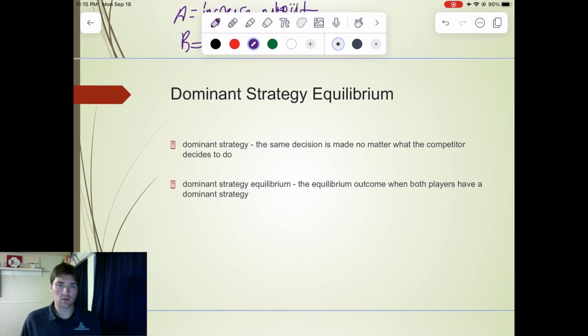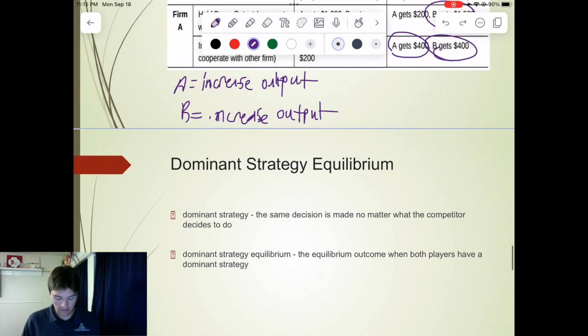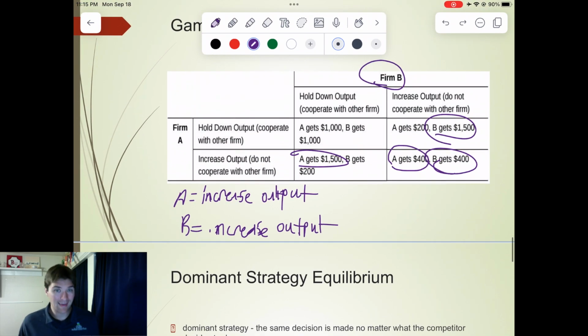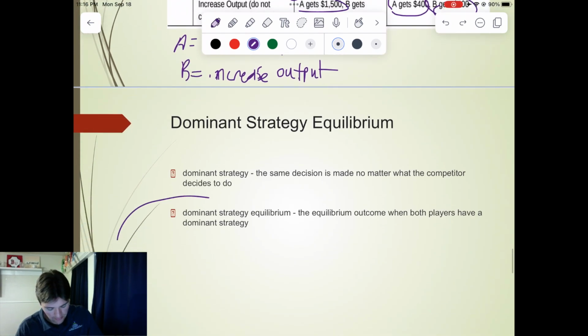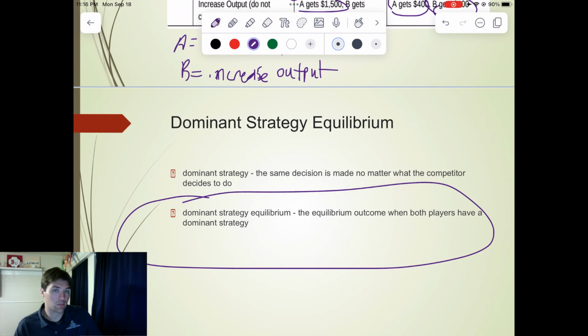The thing with the dominant strategy equilibrium is that when you have a dominant strategy, this means that you're making the same decision no matter what. Like in this example here, right? A always increases output. So that's their dominant strategy. Like no matter what B does, A will always choose to increase output. So that's their dominant strategy. A dominant strategy equilibrium is where both players have a dominant strategy.